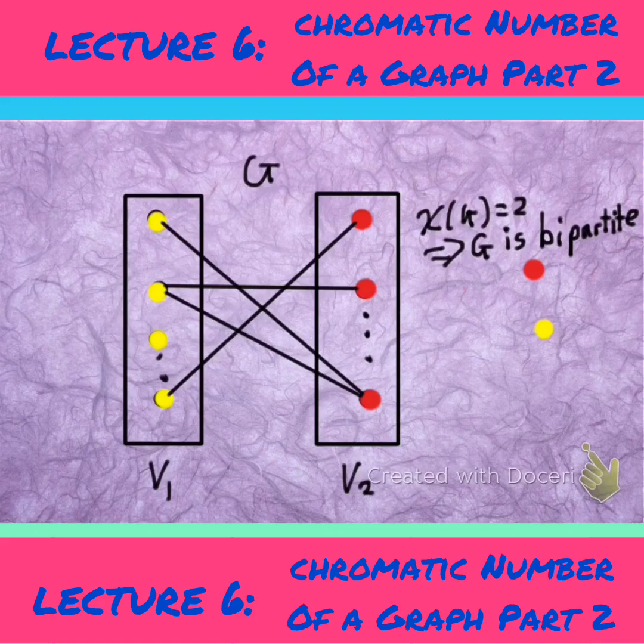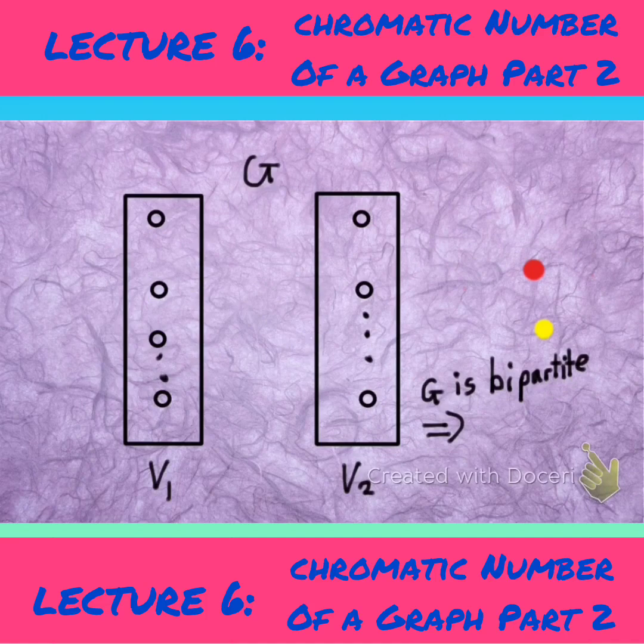And if G is bipartite, then it's clear. If G is bipartite, you can partition the vertex set of G into 2 partite sets, these partite sets are going to be independent, and you only have edges between those sets.